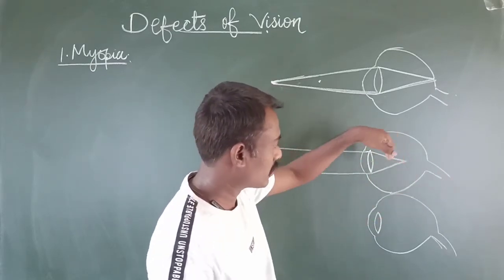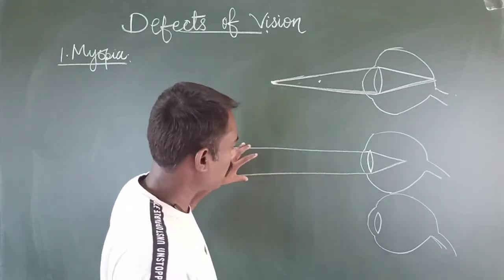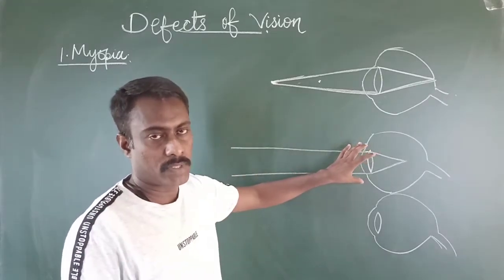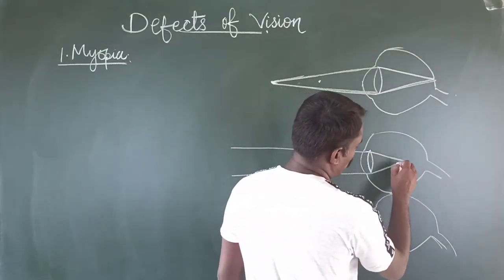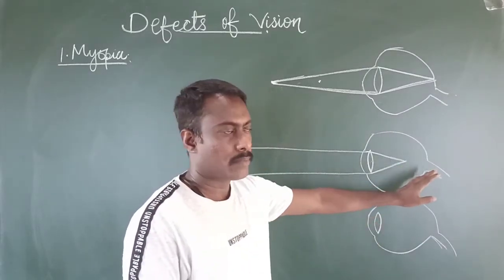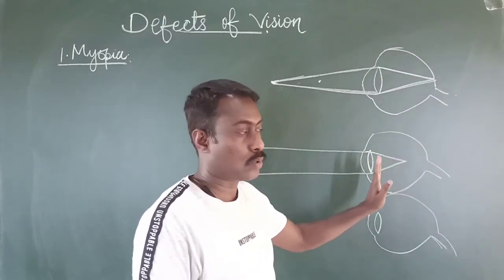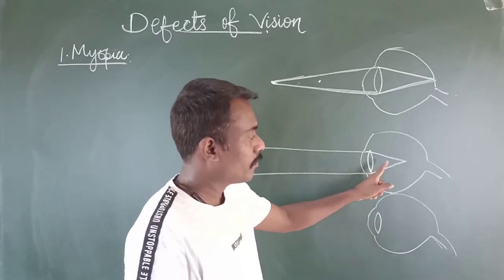But here, what happens? These light rays coming from far away objects are almost parallel to each other, as we know. But the eye lens is unable to converge these light rays on the retina, only in front of the retina. So the image formed by the myopic eye will be blurred.